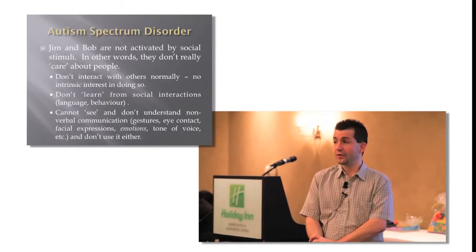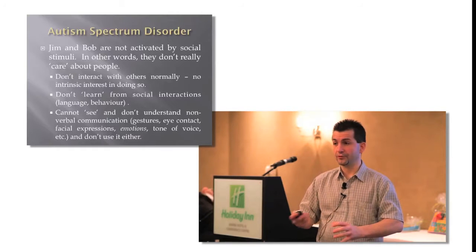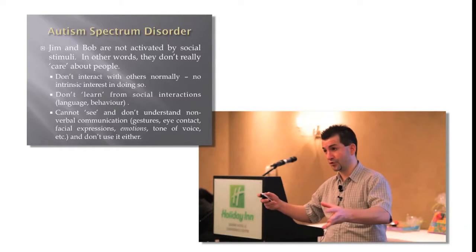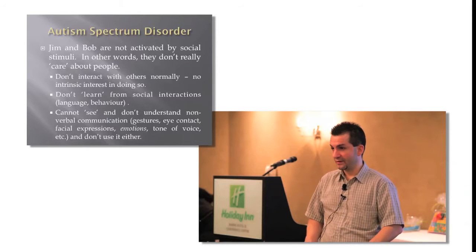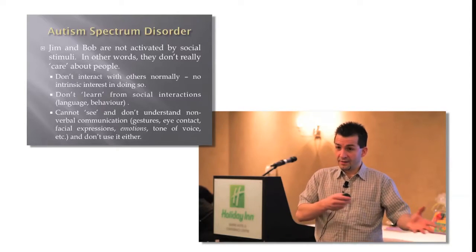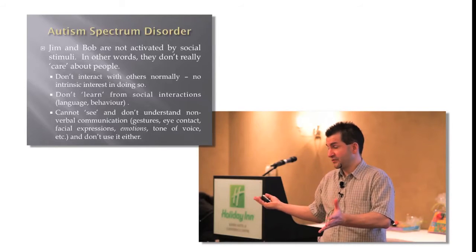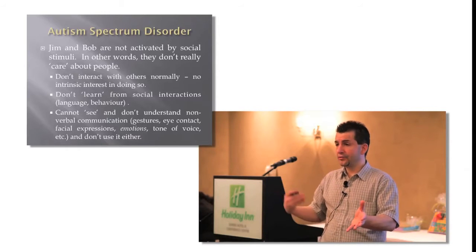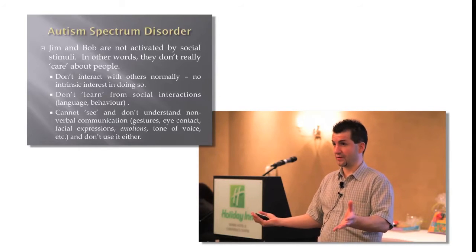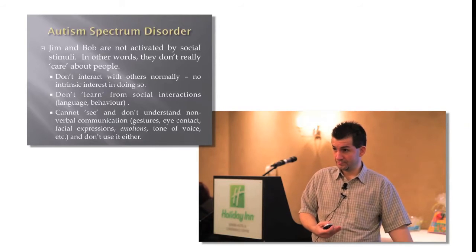And you see it in all of their behaviors and all of the social behaviors that we expect people to do, to modify their environment based on the social people around them. These kids don't do that under any circumstances. And they don't communicate using really many ways at all. They learn language sometimes, but those nonverbal communication things that we understand, they don't understand them and they don't use them.